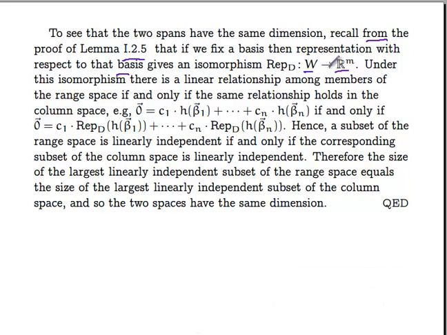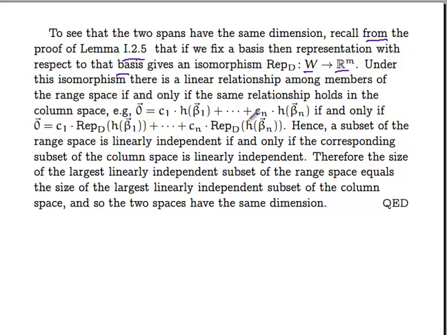We've seen when we have two isomorphic vector spaces that linear relationships here have one-to-one and onto correspondence with linear relations here. So we have a linear relationship with the W's if and only if we have a linear relationship with the corresponding vectors here, which are the representations.